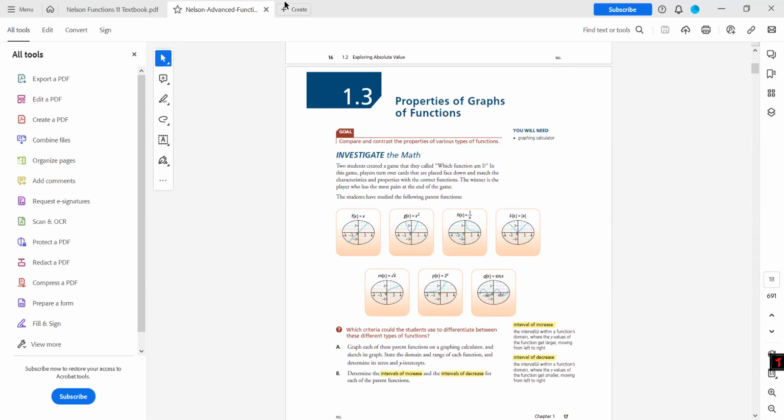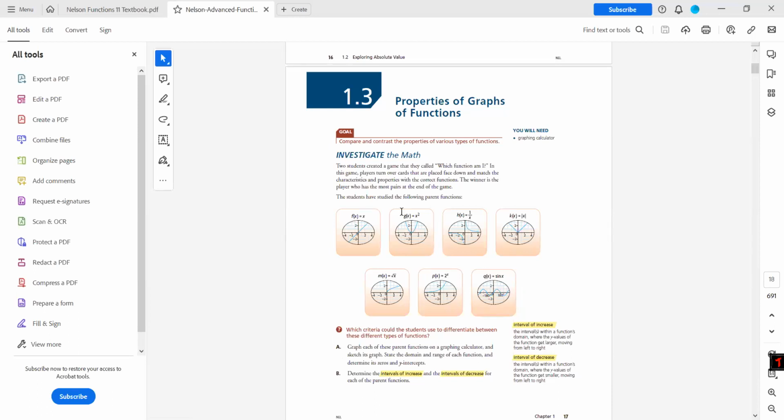But in reality, the functions of greater degree are going to have some more interesting characteristics for us to discover. And these characteristics, these properties of these functions can be used by you while analyzing them and while solving problems.